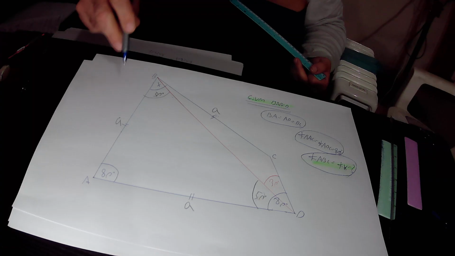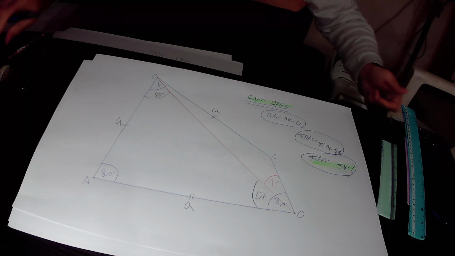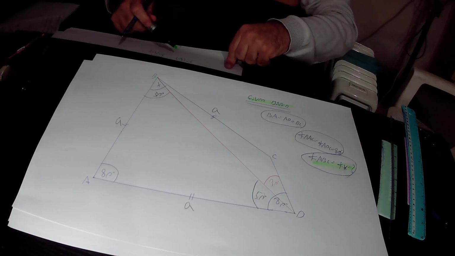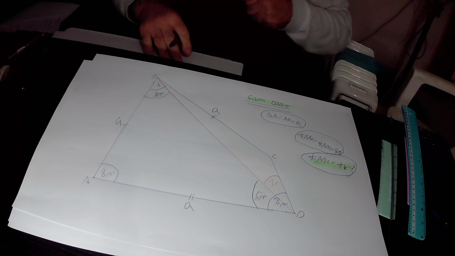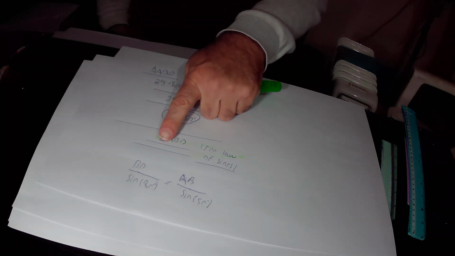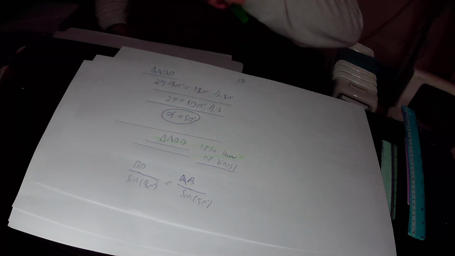And again, in this triangle ABD, according to the law of sines, the following equation is true. BD over sine 80 degrees equals AB over sine 50 degrees.